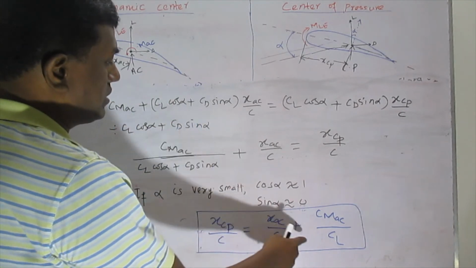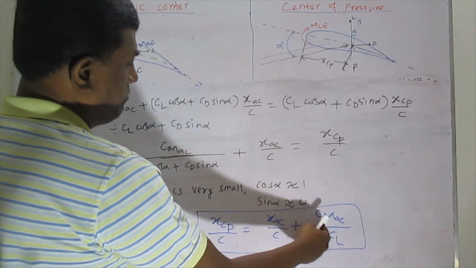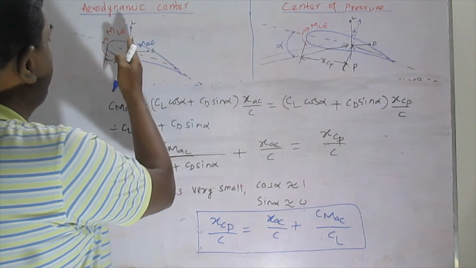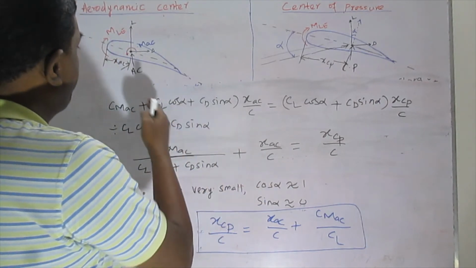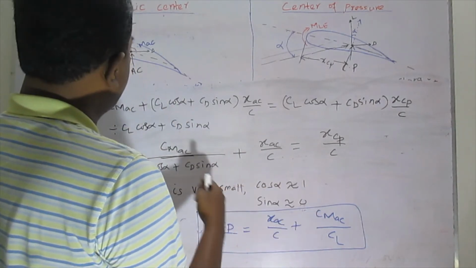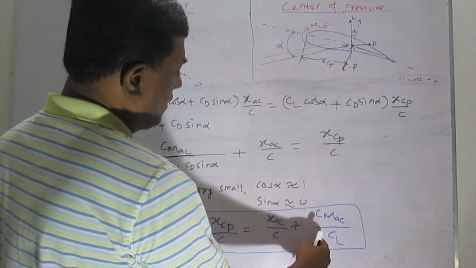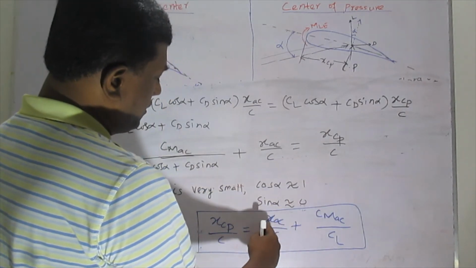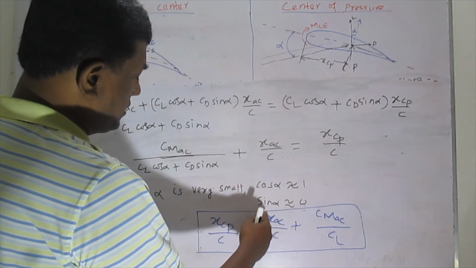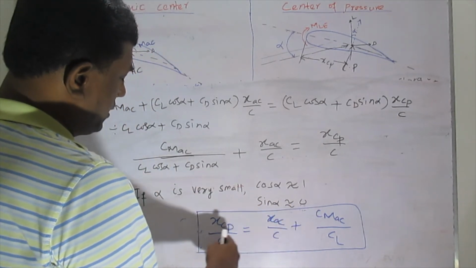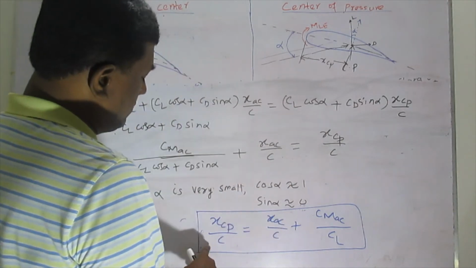So the pitching moment will be there at approximately 25% of the chord. By adding that value to the XAC by C location, finally we get XCP by C.